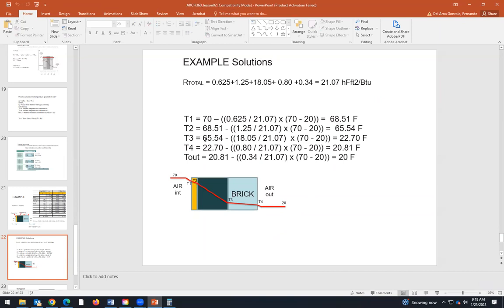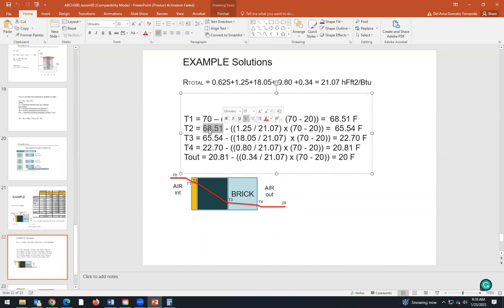The second temperature, T2, is the previous temperature, 68.5, minus the thermal resistance of this layer, the yellow layer, divided by the total, and multiplied by indoor minus outdoor temperature.